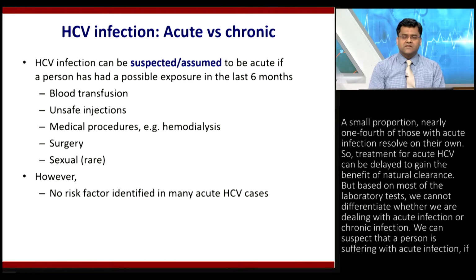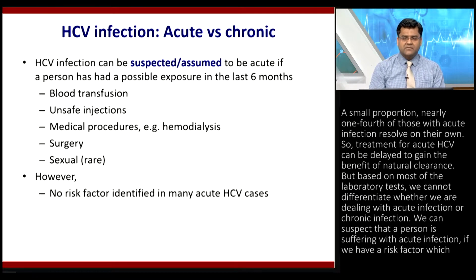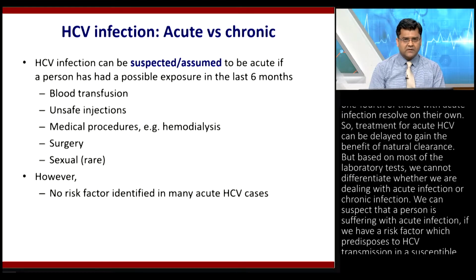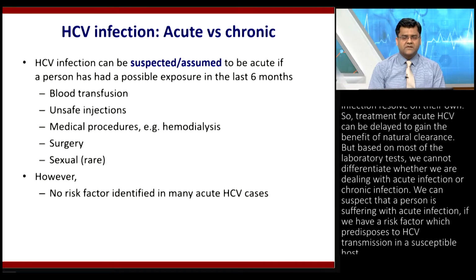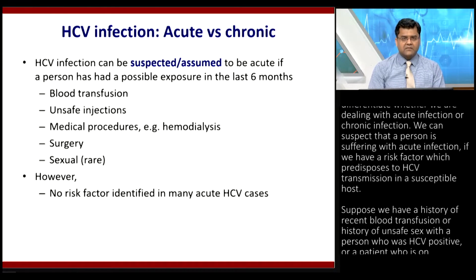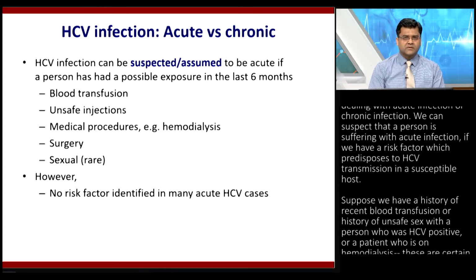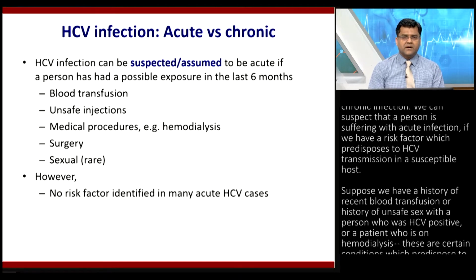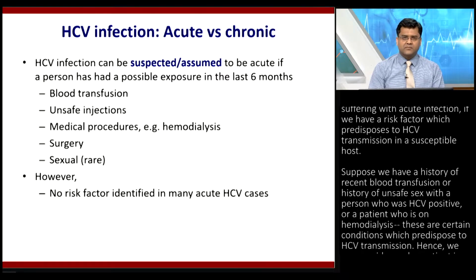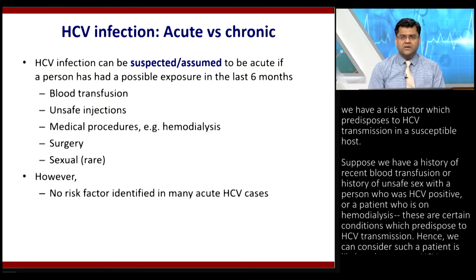We can suspect that a person is suffering from acute infection if we have certain risk factors which predispose to HCV transmission to a susceptible host. Suppose we have a history of recent blood transfusion, or a history of unsafe sex with a person who was HCV positive, or a patient who is on hemodialysis.